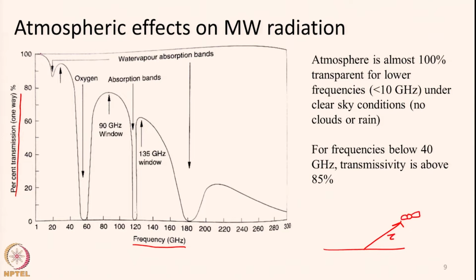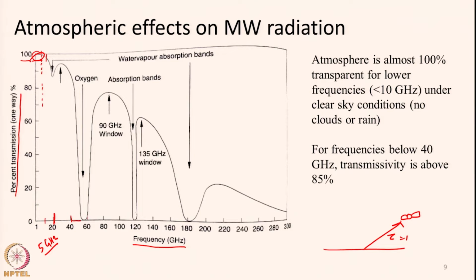If you look at this, for frequencies less than 5 gigahertz, the atmosphere is extremely transparent, the transmissivity is almost equal to 100% or 1, and within 20 gigahertz the transmissivity is more than 95%, and only after 40 gigahertz does the transmissivity decrease drastically.